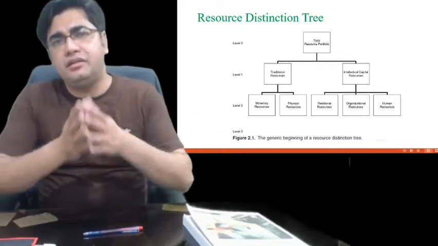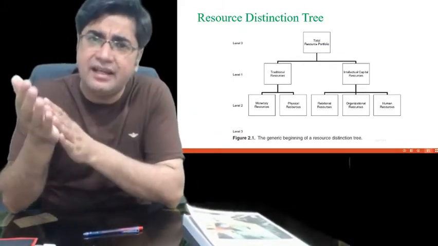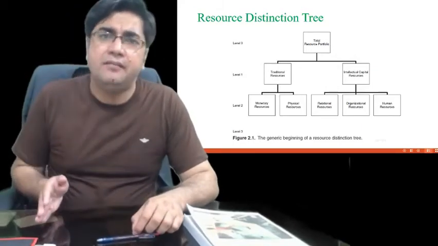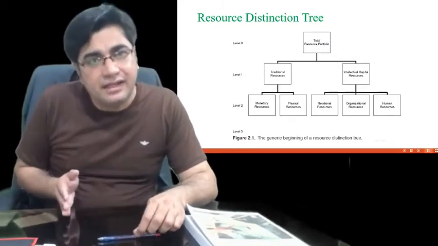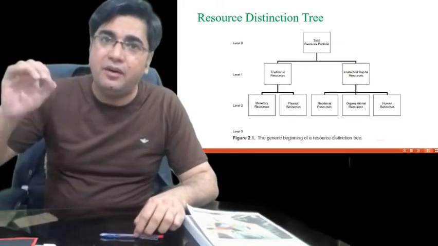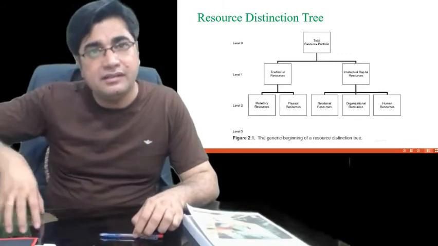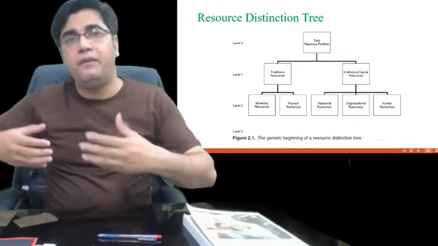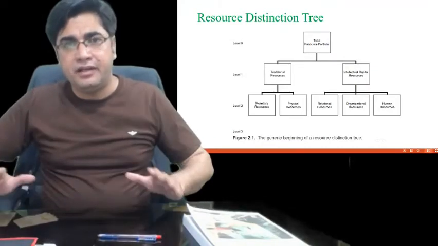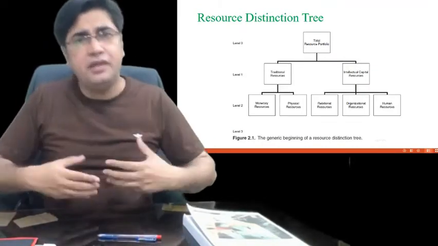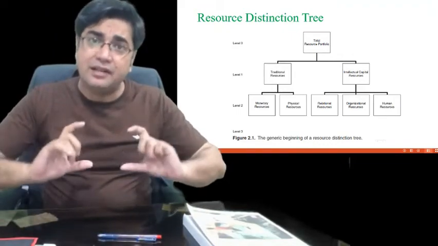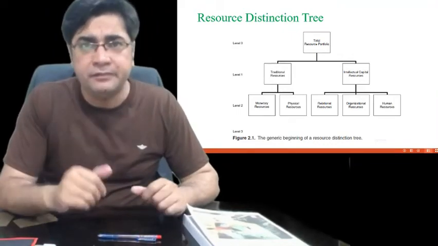The resource distinction tree is like writing all the capabilities, abilities, skills of an employee. So it's a CV, it's a resume of an organization. What does an organization have? It's a resume of resources, you can say, of what an organization has. And in fact, by looking into the resource distinction tree, the capabilities, potentials, and capacities of an organization can be formed.